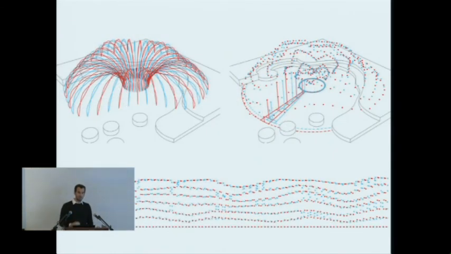So the distribution of these joint points that spatially mediate the material behavior of the plywood lamellas became one of the main drivers in the computational design process, because strategically introducing irregularity allows achieving global stability.